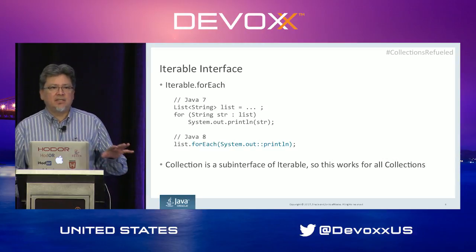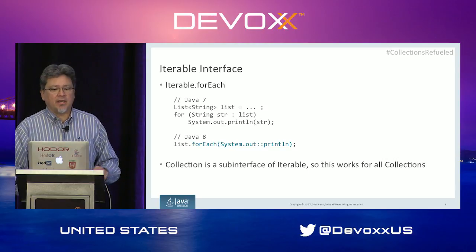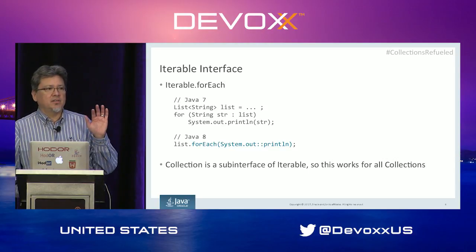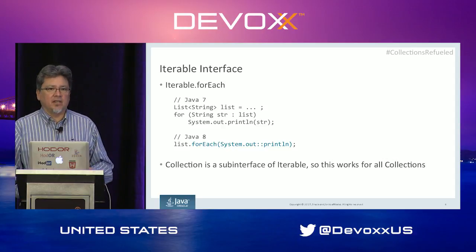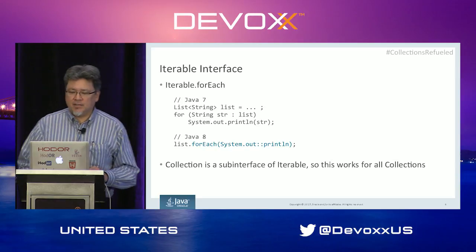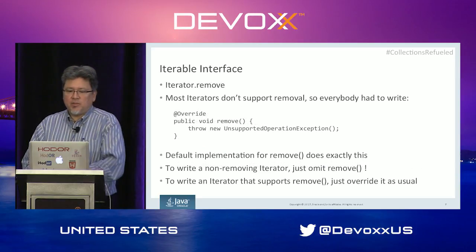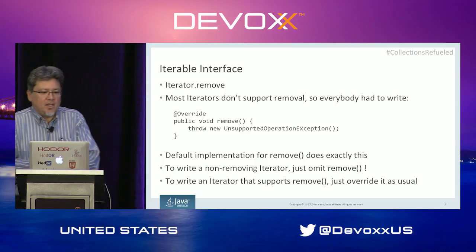And in fact, all the other default methods are inherited all the way down the hierarchy. So what we've done is, by adding default methods, we have enhanced every existing collection, even ones that were not introduced in Java 8.